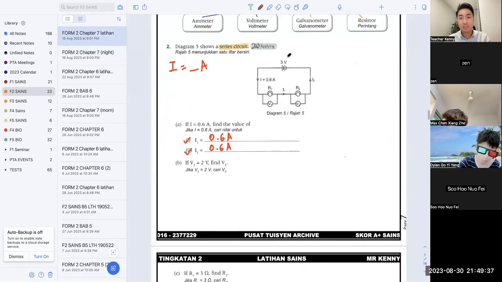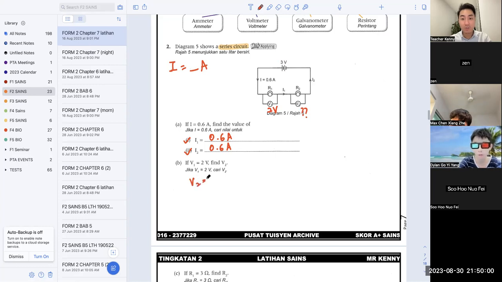So according to the formula, master V will be split to both voltmeter readings. Correct? So if V1 is 2 volts, how much is V2? So 3 given out here, ma? So this is 2, this one should be 1. Understand that?